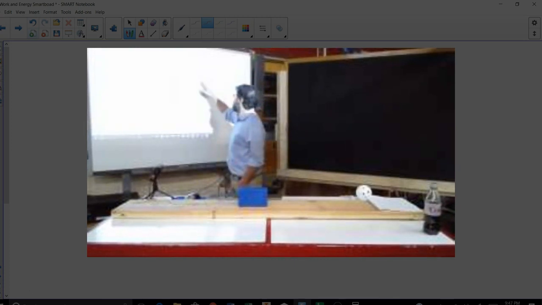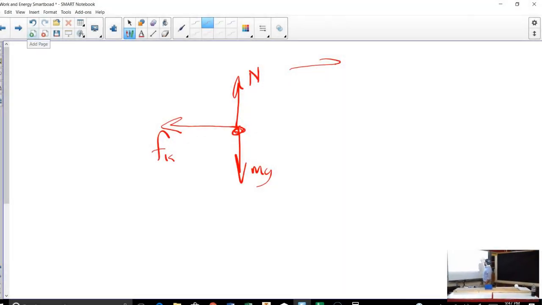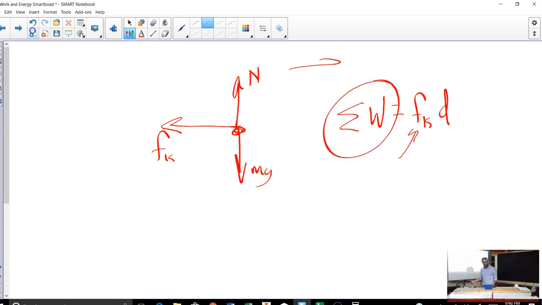So in this case, there is a net work done, and it is done by the net force, which is the force of kinetic friction. So in this case, the net force is the friction because there's nothing else to compete with it, times the displacement. But it's important to know that it's possible to have a net amount of work that is in fact negative. Net work does not mean there's some positive left over. It could be positive, it could be negative, it depends on the situation.